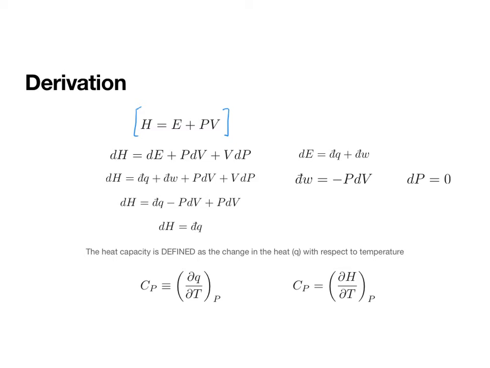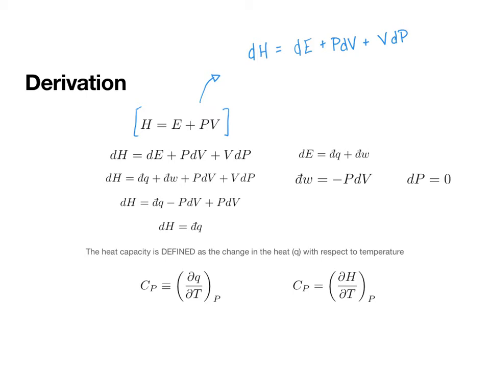So I'm going to basically take the derivative of this. That means I'm going to take the derivative of H, and it's going to be equal to the derivative of E, plus now I have to apply the product rule. And so I have PdV, so first times the derivative of second, plus the second times the derivative of the first.